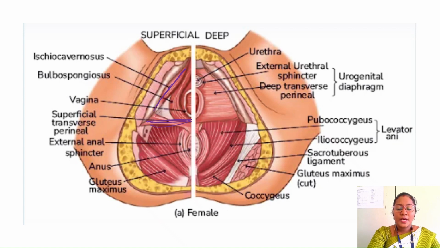Like that, on this side also there will be one ischiocavernosus muscle and one superficial transverse muscle. Come to the deep part. In the deep part there is a muscle called the deep transverse perineum. This is the clitoris and then the urethral part. The urogenital diaphragm also we discussed.